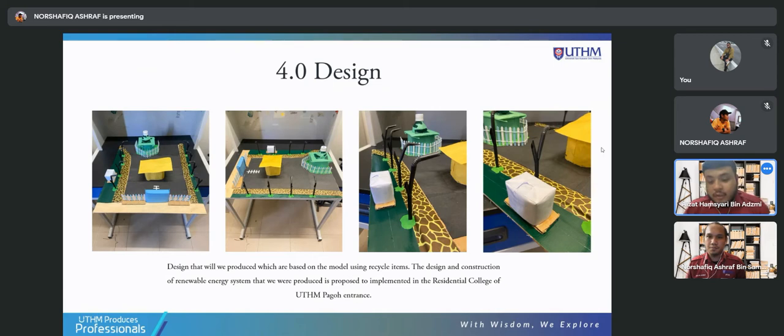In the third picture, the black straw represents the biolamp, and in the last picture, the white box represents the generator that contains biomass.